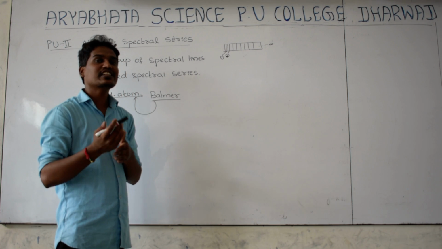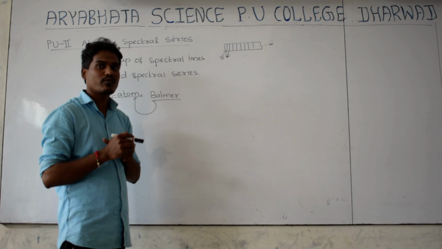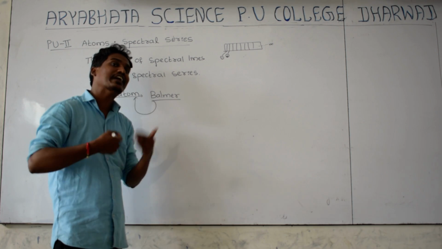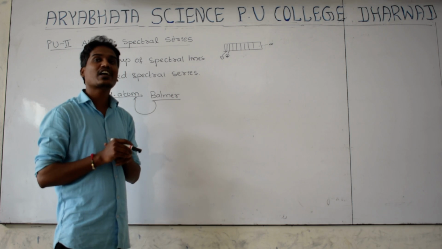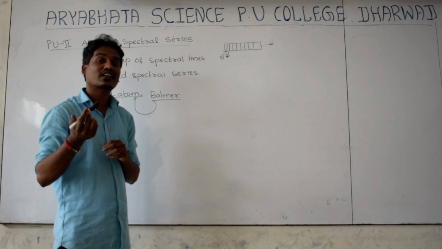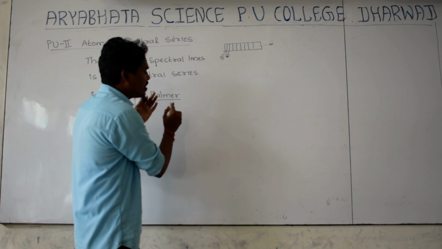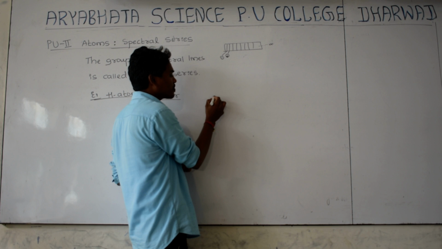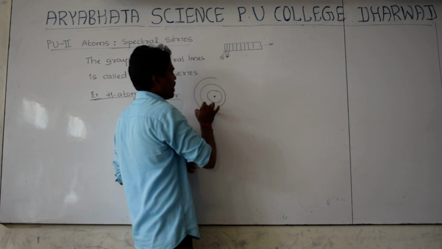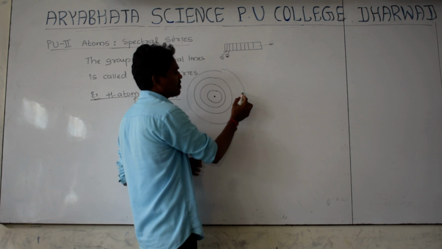He took the spectral lines produced by the hydrogen atom. His intention is to find out the wavelength of the lines in the hydrogen spectrum. He used the hydrogen atom, and let us consider there are a number of energy levels.